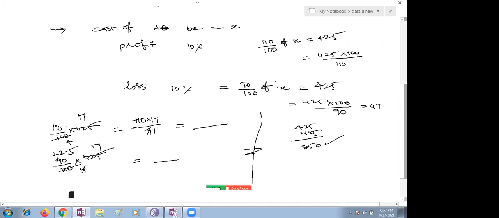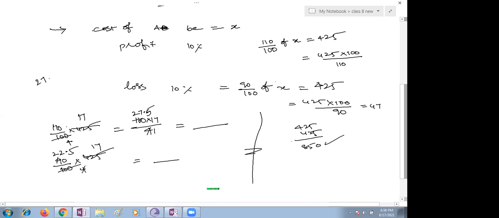4 ones are 4, 4 twos are 8. 4 fives are 20, right, children? 27.5 into 17. Who did that calculation part? Please give the answer quickly. Children, am I audible to you? Yes, ma'am. Please give the 27.5 into 17.